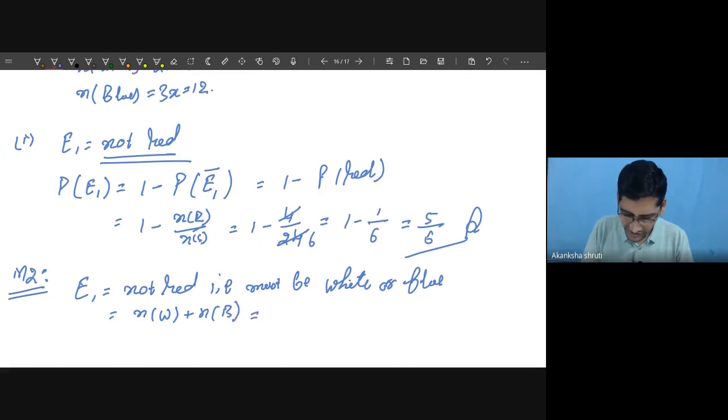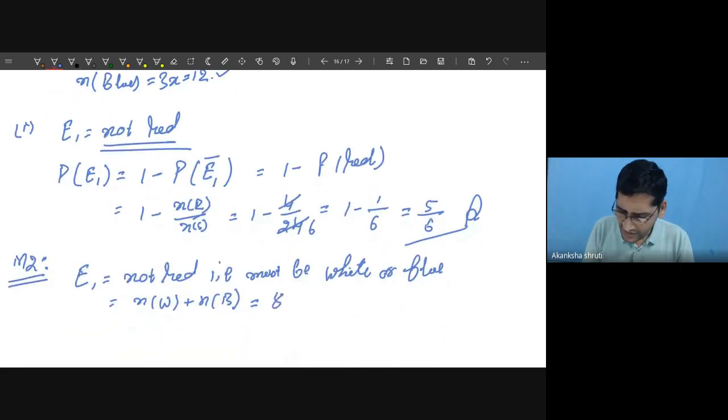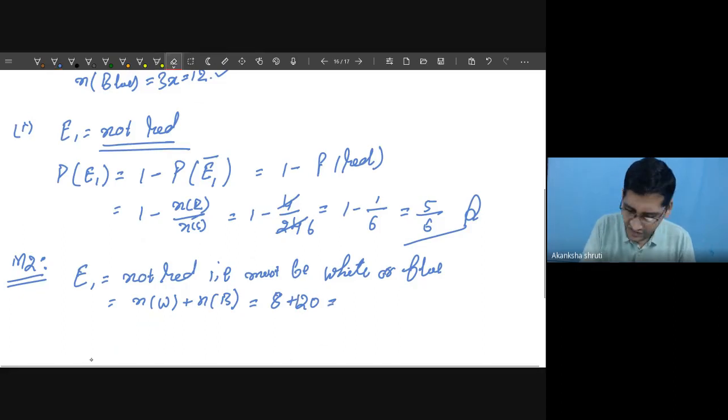Add it, you can get it. White is 8, blue is 12. So 8 plus 12 is how much? It is 20.